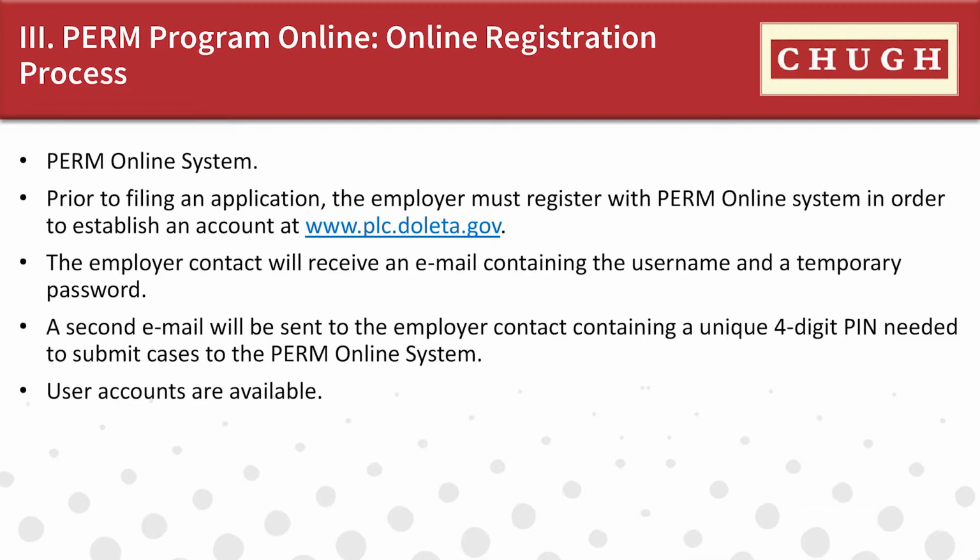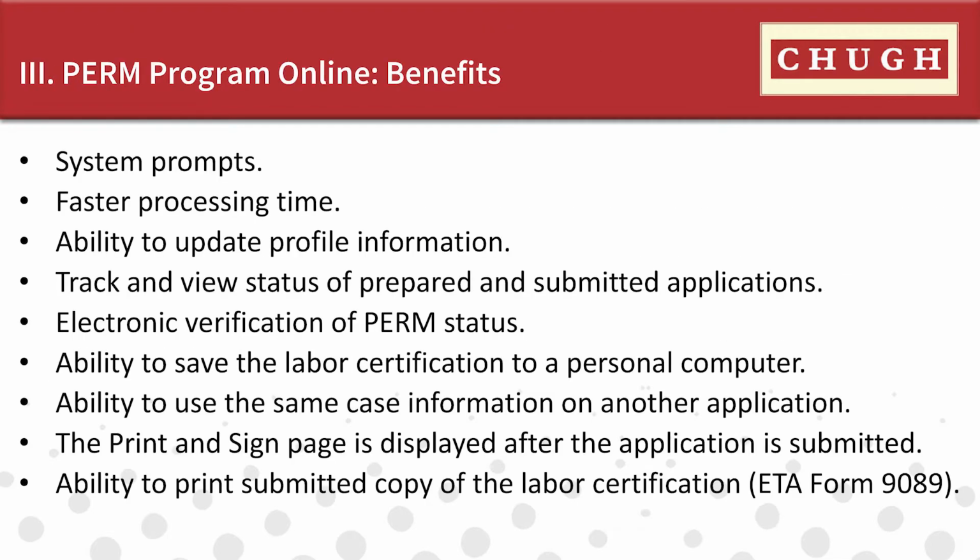This allows an employer to create sub-accounts for its colleagues to access the employer's PERM record online. The users with sub-accounts can enter, edit, reuse, and withdraw PERM applications. However, the user cannot create new user accounts or sub-accounts, nor can the user edit the employer's business information.